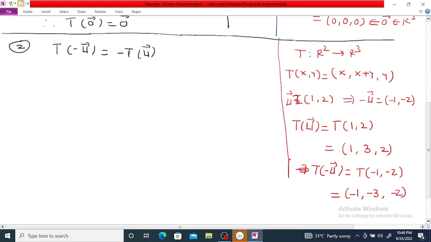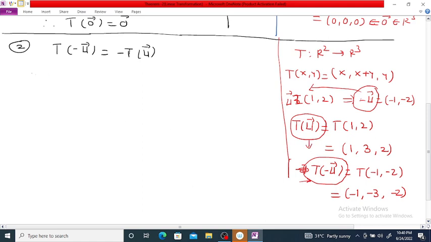So you can observe here that T of minus u bar is the additive inverse of T of u bar. If minus u bar is the inverse of u bar, then T of minus u bar is the inverse of T of u bar. This is what we want to prove here.